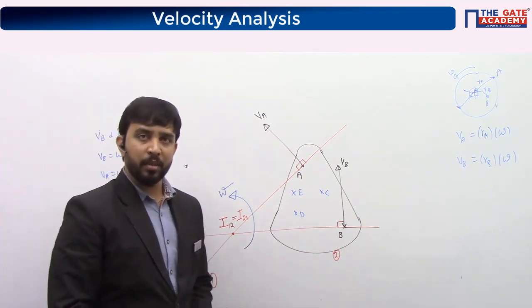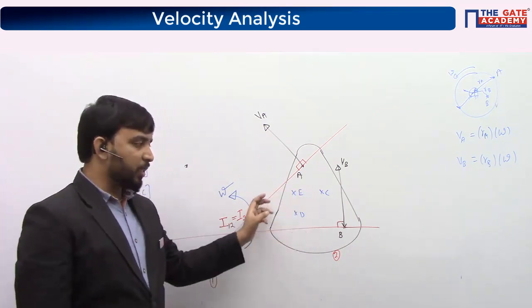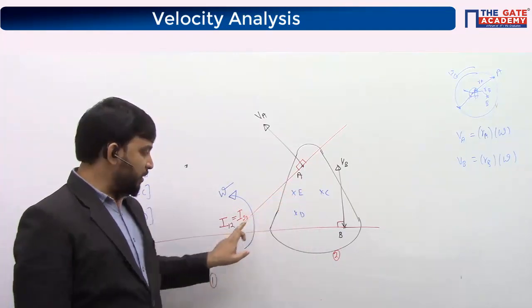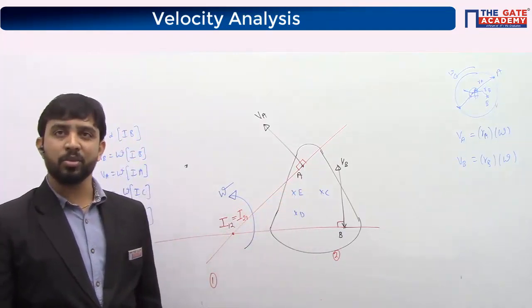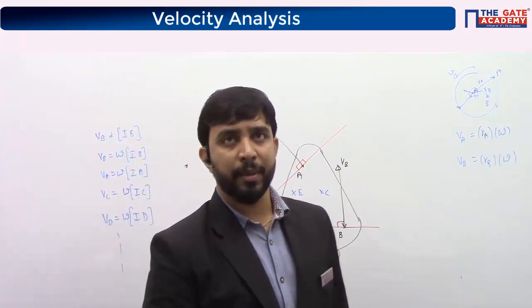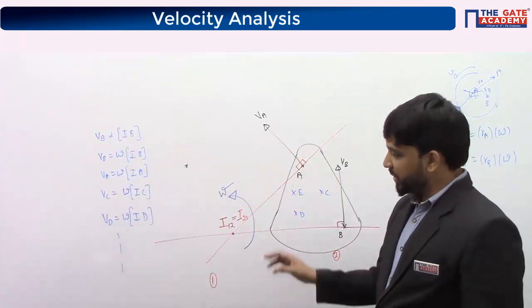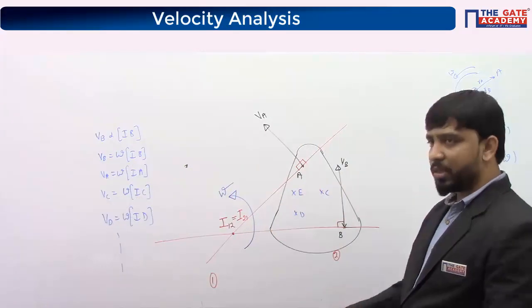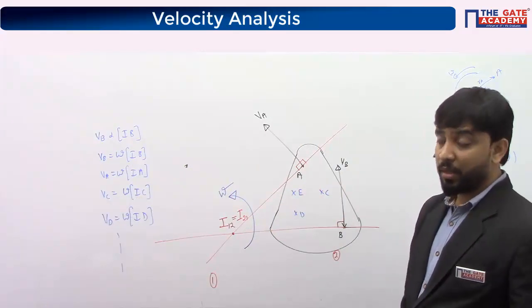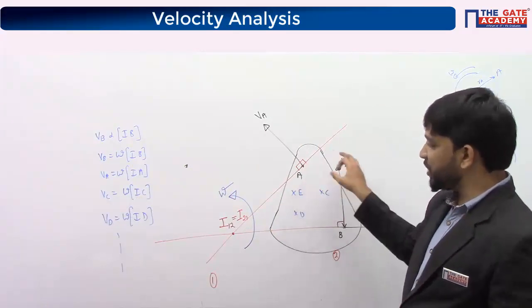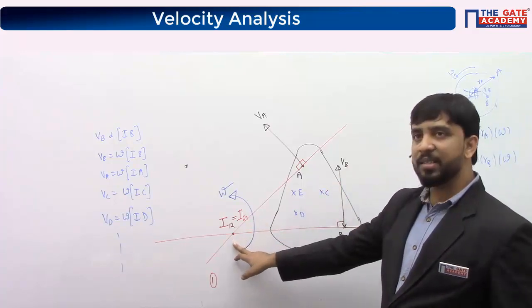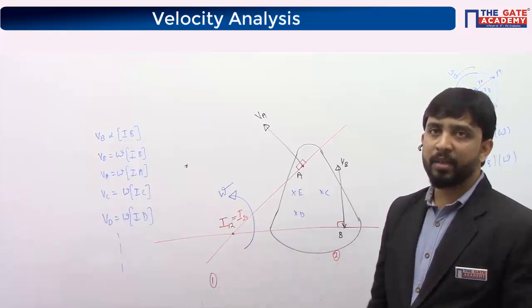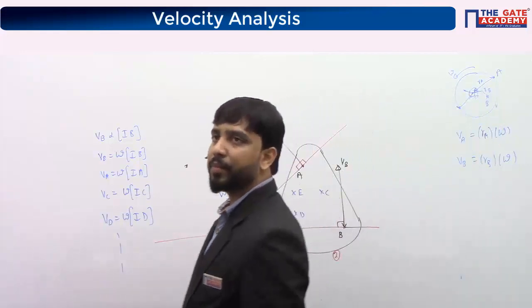You take any point, find its distance from the center of rotation and multiply that with omega, and that gives you the velocity of that point. If you can locate the instantaneous center, you can find the velocity of any point on the body. You choose any 2 points on this body, draw the velocity vectors, and draw perpendiculars to the velocity vectors at this instant, so all the perpendiculars will meet here only, okay?